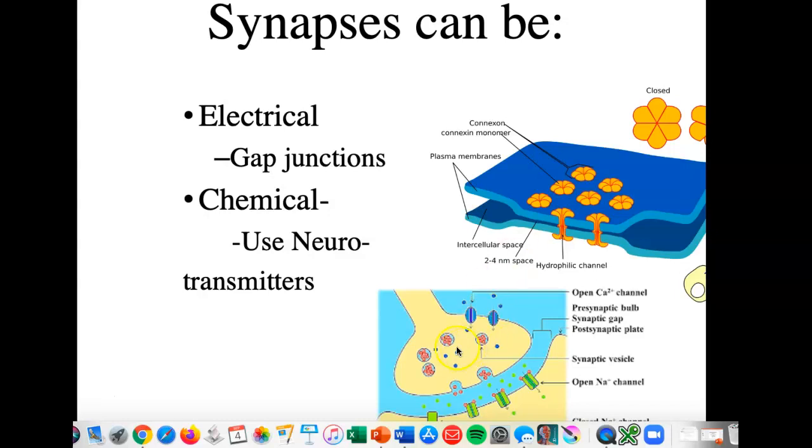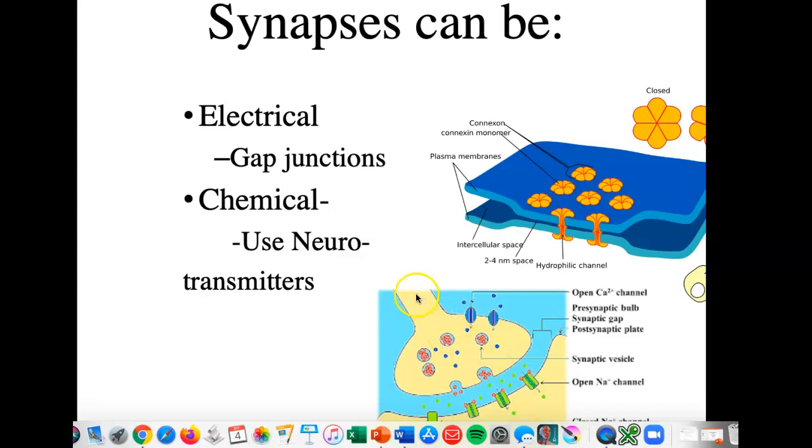So in the diagram below, you have the terminal end of an axon and the next cell coming along. You would have the release of a neurotransmitter that comes into the synaptic cleft and then attaches onto the channel on the next cell, and then that action potential can continue moving on.